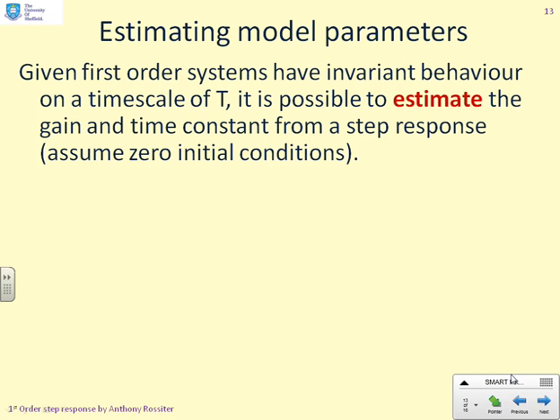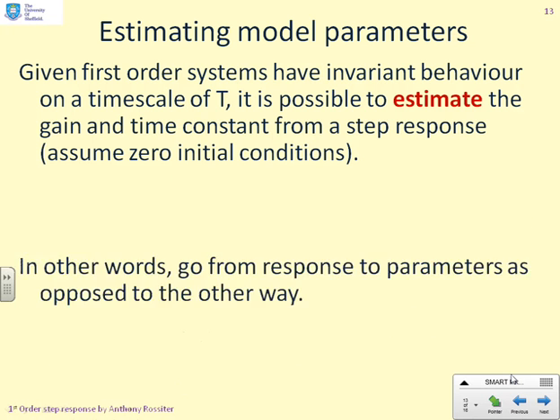Now, there's an interesting observation. If it's so straightforward to go from the time constant and the gain to the sketch, perhaps it should be equally straightforward to go from a sketch to find the time constant and the gain. In other words, going backwards.